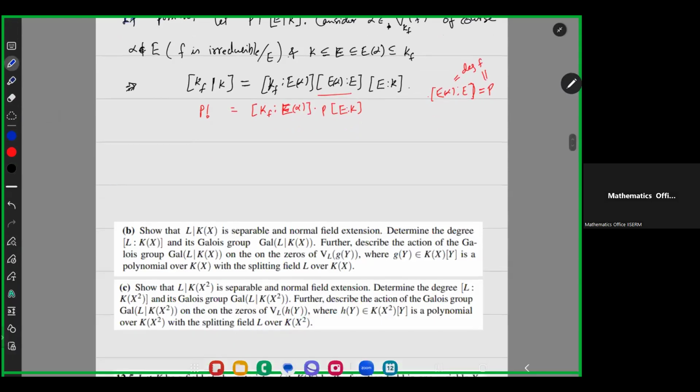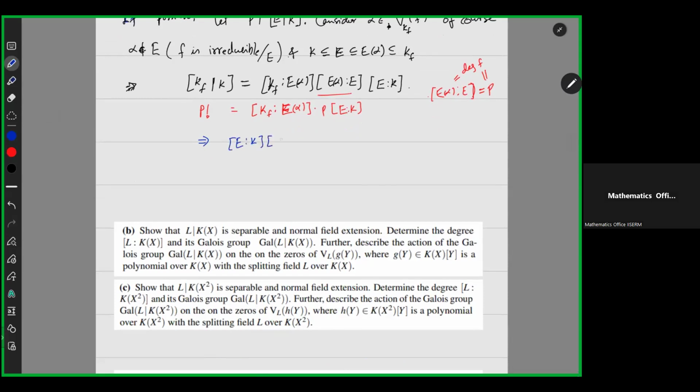So this implies that now p is gone. You see, E over K into KF over E alpha is equal to p minus 1 factorial.